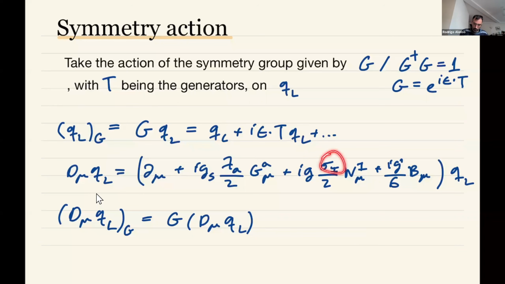Then the Pauli matrices with the weak isospin bosons with the weak isospin coupling that we call g, and the same for the hypercharge with g' for that coupling. And this does now transform covariantly as it should.